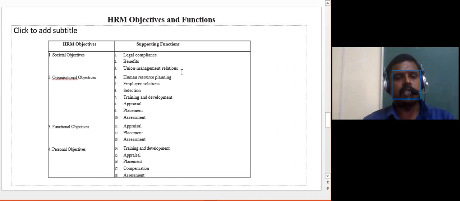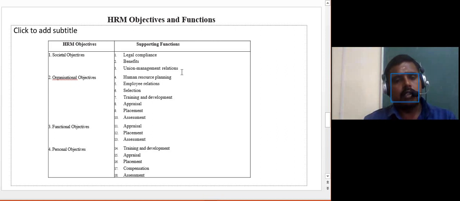And the second objectives, organizational objectives, state the human resource planning and employee relations and selection, and next training and development, and next performance appraisal, and next placement, and next assessment. So all these functions of human resource management come under the head of organizational objectives.